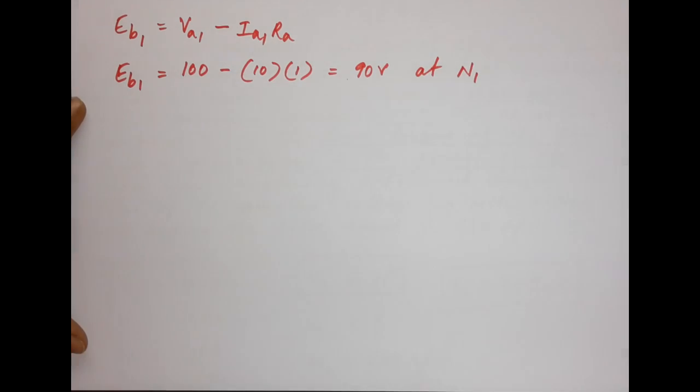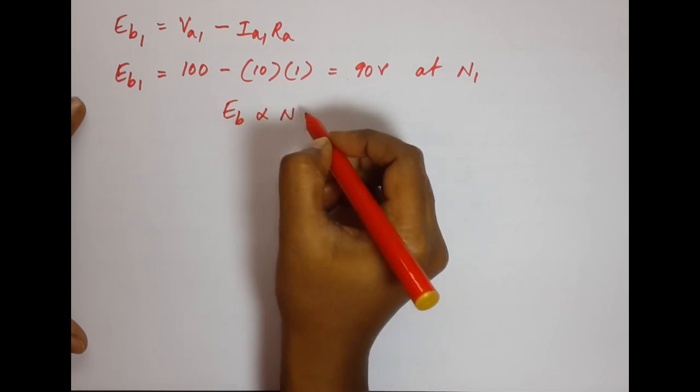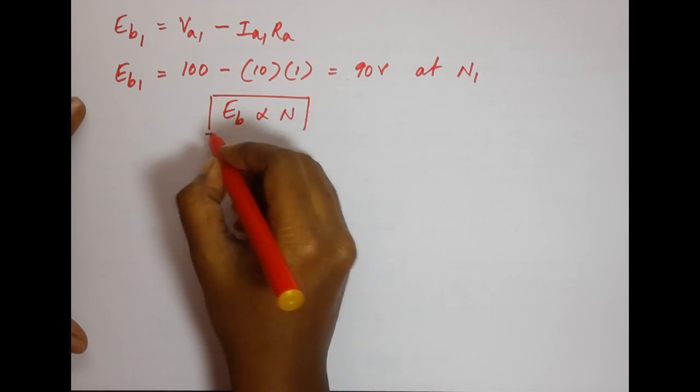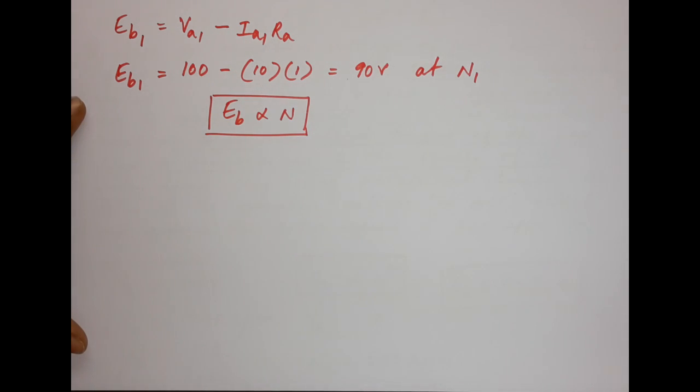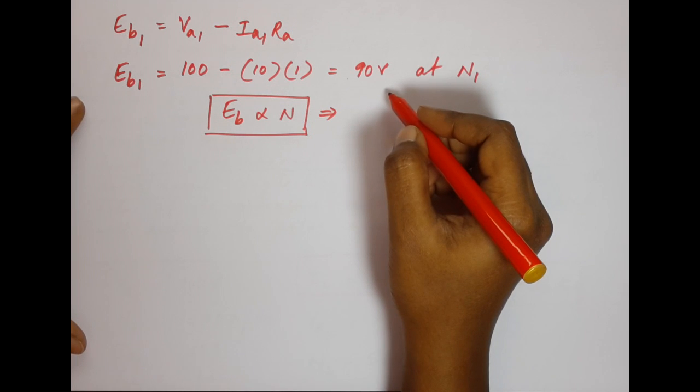Alright. Now for a separately excited DC motor, we have another relation where the back EMF is directly proportional to speed. So EB is directly proportional to speed. The question doesn't say anything about the flux.